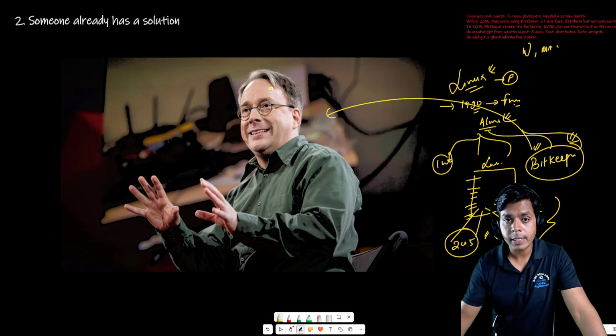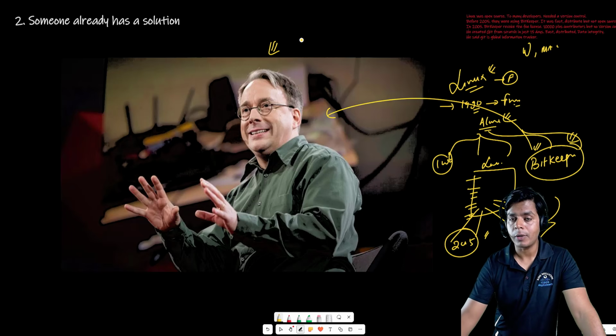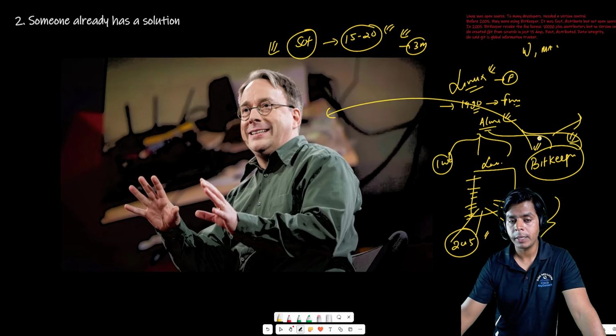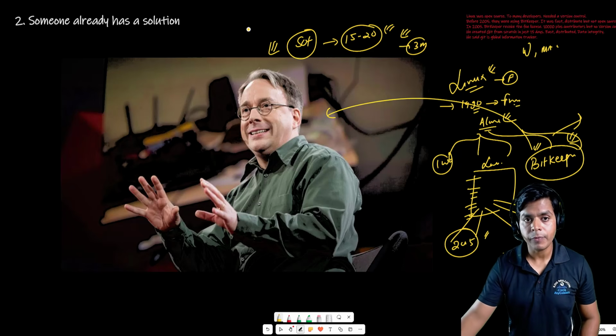And believe me, guys, this guy developed the software which solved this problem in just 15 to 20 days. And all the developers were on this new solution within 3 months. BitKeeper was out, Mr. Linus's software was in, and that software name was Git.